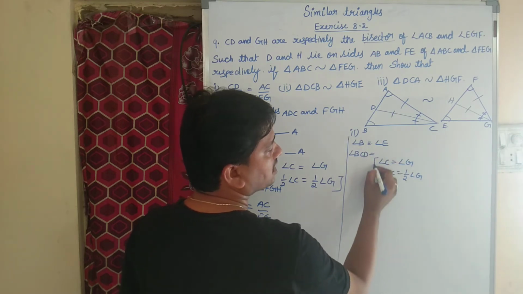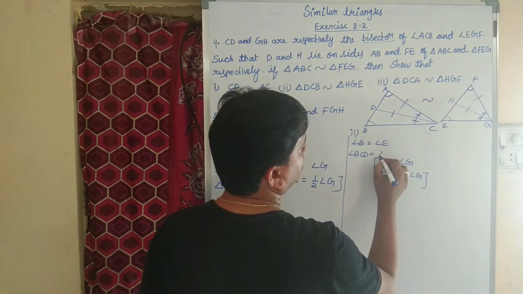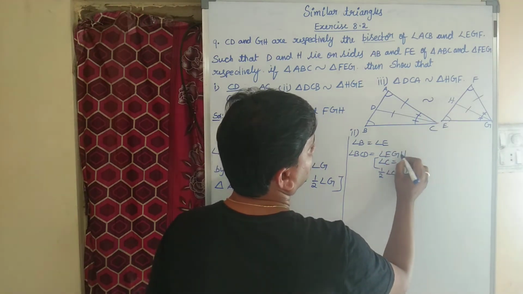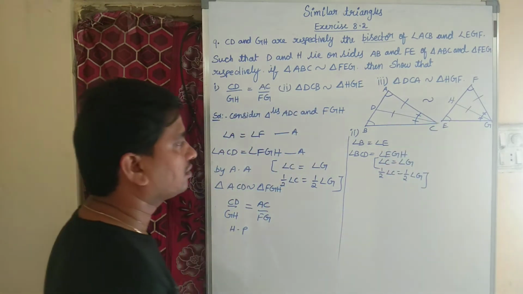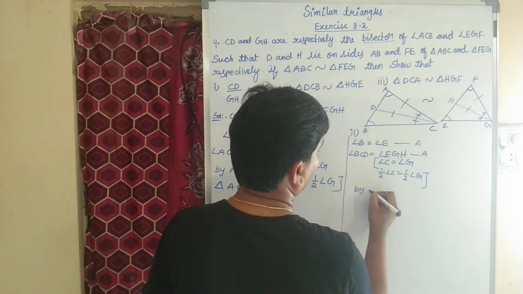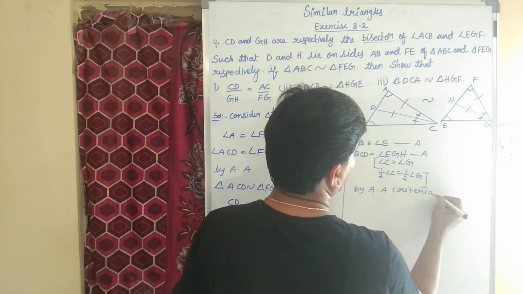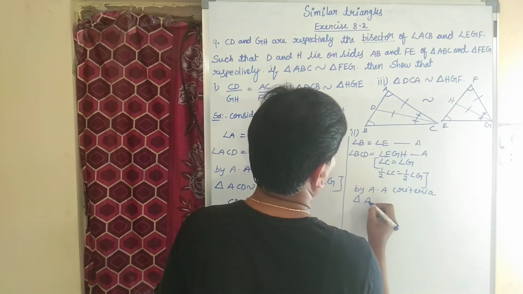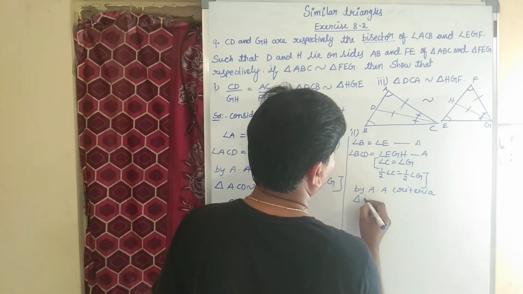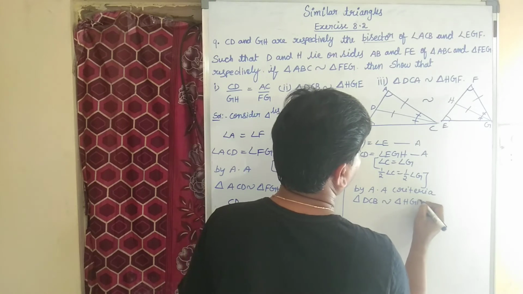Half of angle G is nothing but EGH. Again, both are angles only. So by AAA criteria, I can say that triangle DCB is similar to triangle HGE.